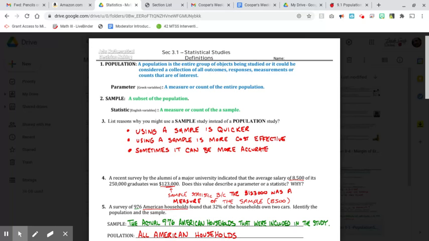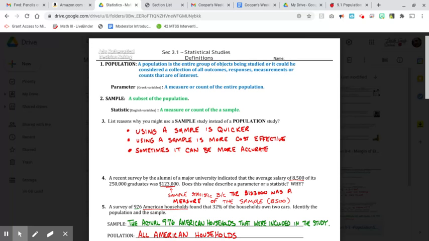And a parameter is a measure or count of the entire population. So it's just a measure or counting. A population parameter might be the average of something, but it's talking about the entire population. So when you see the word parameter, you know that that is the entire population.